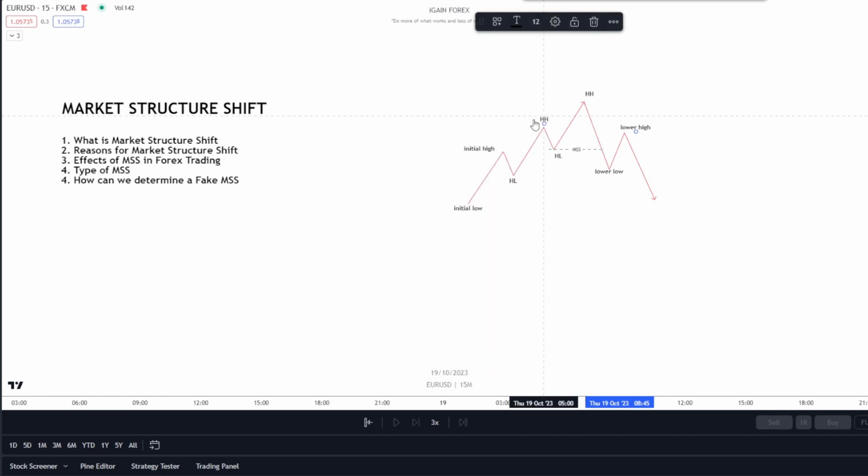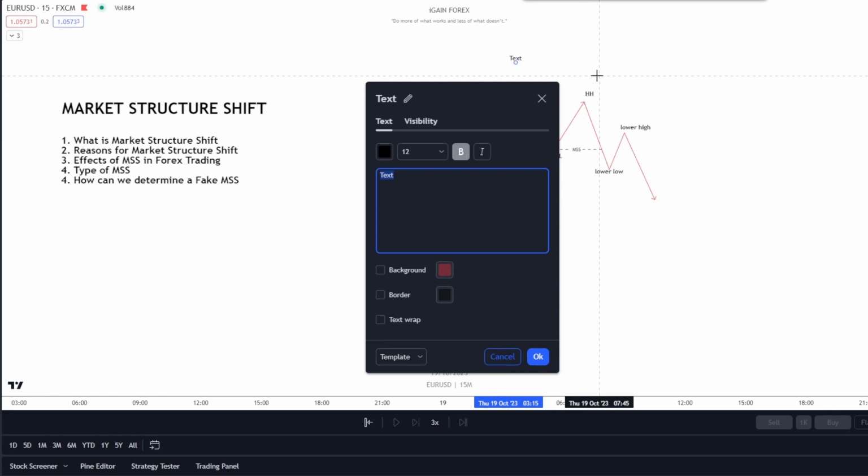It shows that there is a shift in market structure in this area of the market. So first we have an uptrend and then we have this downtrend or bearish move. Okay, this is the common market structure shift.